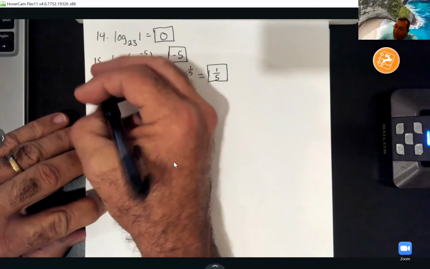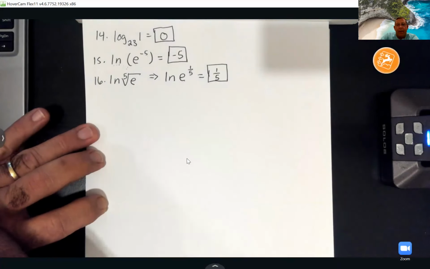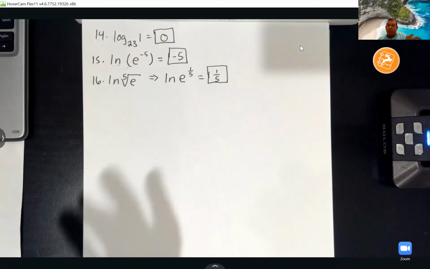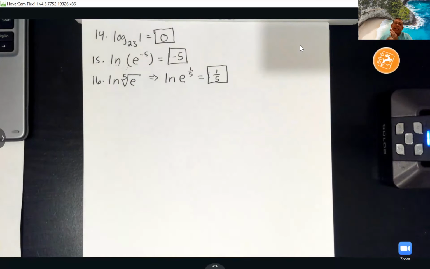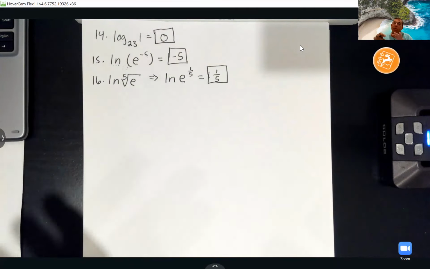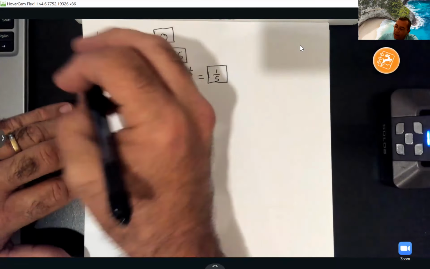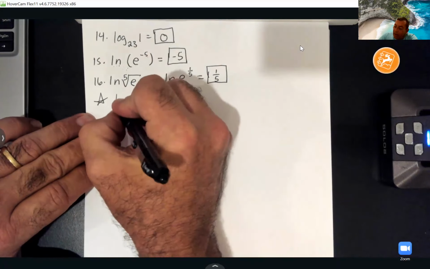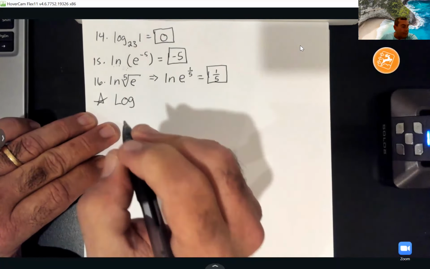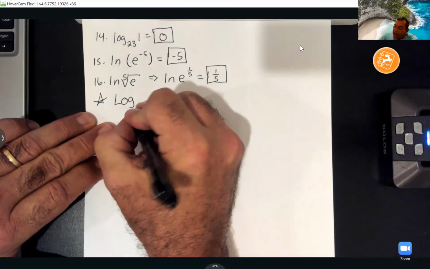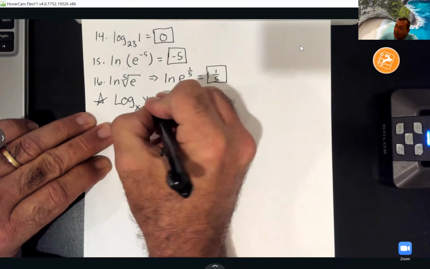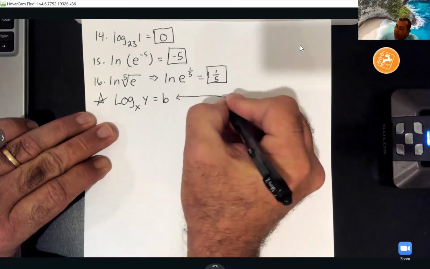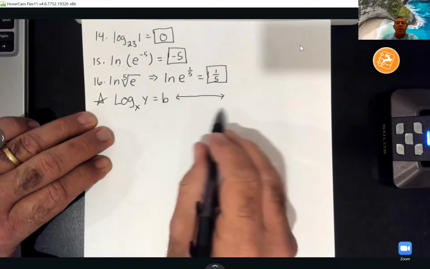All right, y'all. So then we learned how to convert between logarithmic and exponential. And this is going to help us next class when we solve equations. So here's the property on this. A log base x of y equals b. And then I'm going to draw a line with 2 arrows on it.